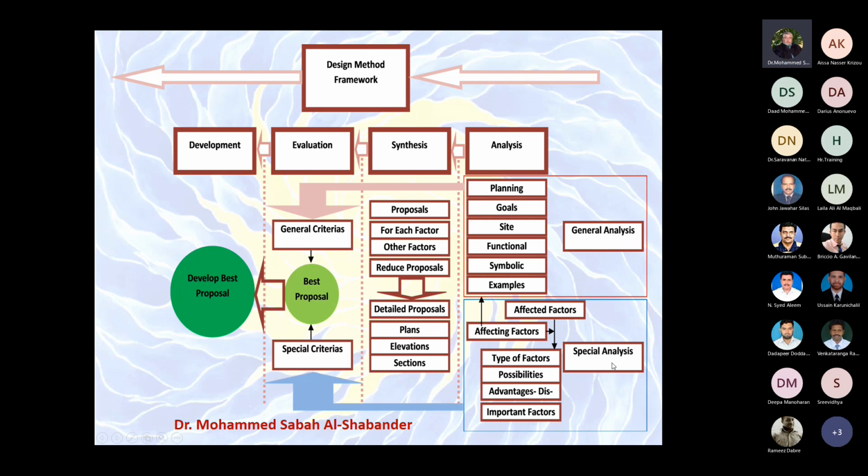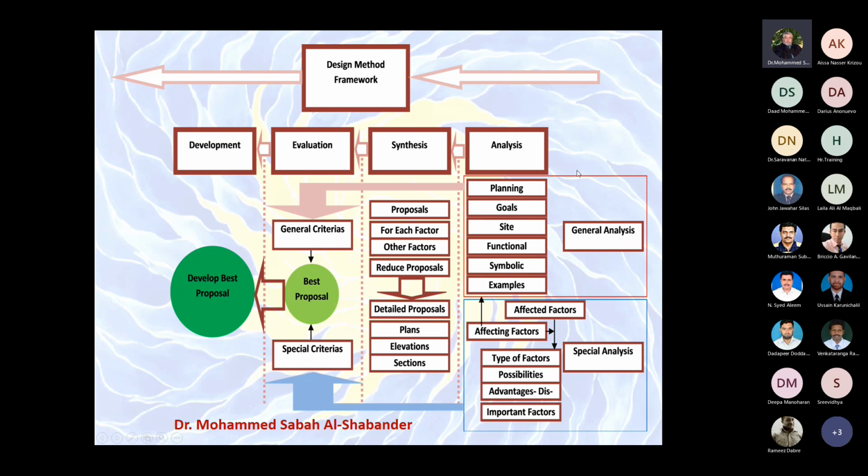Also, we have special analysis which affects these main factors. It covers the types of the factors, the possibilities, advantages and disadvantages. We also ask our students to check the advantages and disadvantages of these examples, of these sites, and so on.